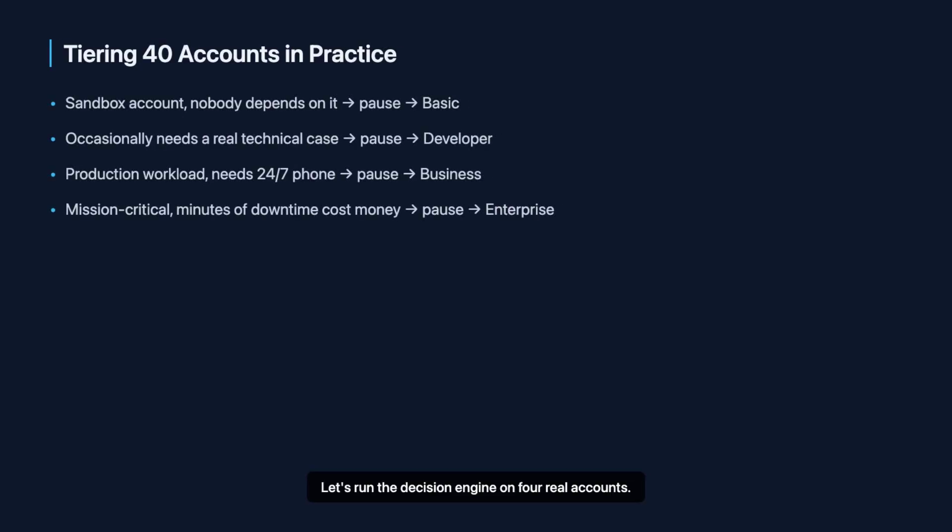Let's run the decision engine on 4 real accounts. I'll give you a profile. You pick the tier. First, a sandbox account where nobody's revenue is on the line. Pick now. It's basic, free, and nothing depends on it. Second, an account that only occasionally needs a real technical case. Your call. That's developer, the cheapest tier that lets you open one.